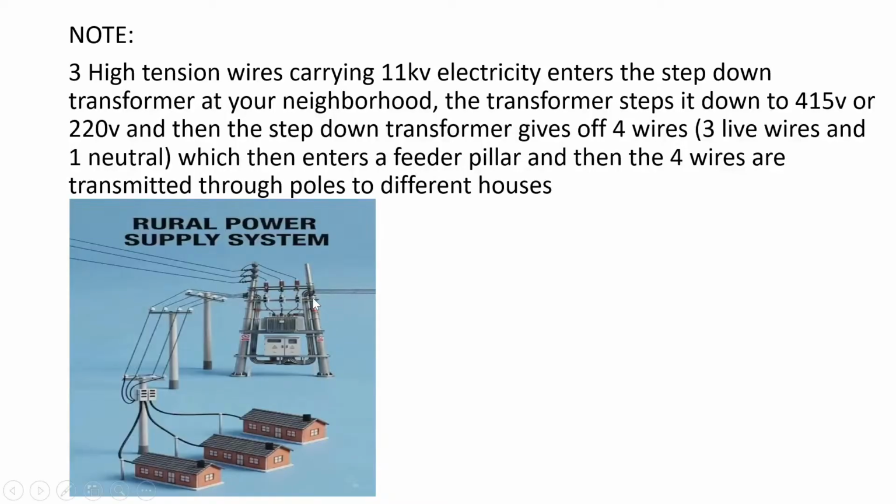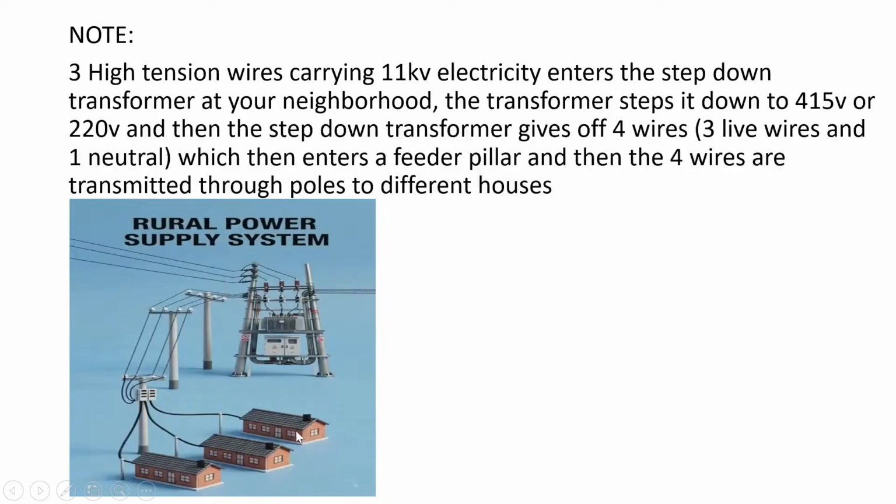Right? So now if you look at this, you can see that after the 4 wires enter into our feeder pillar, now let's trace. You can see these 4 wires going out. Now you can see that our poles are carrying the 4 wires, and from these 4 wires, each house will not be tapping directly from it.